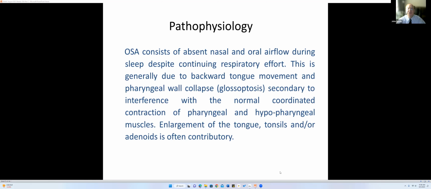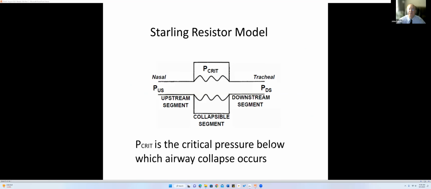So the pathophysiology: absent nasal and oral airflow during sleep despite continuing respiratory effort, generally due to backward tongue movement and pharyngeal wall collapse, secondary to interference with the normal and coordinated contraction of pharyngeal and hypopharyngeal muscles. Enlargement of the tongue, tonsils, and adenoids are often contributory.